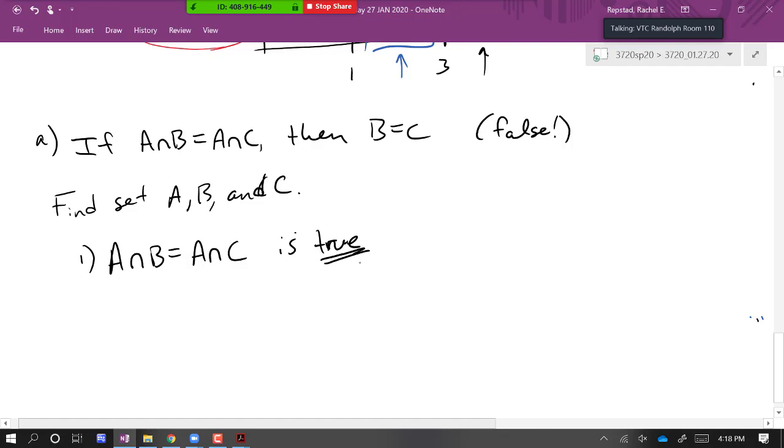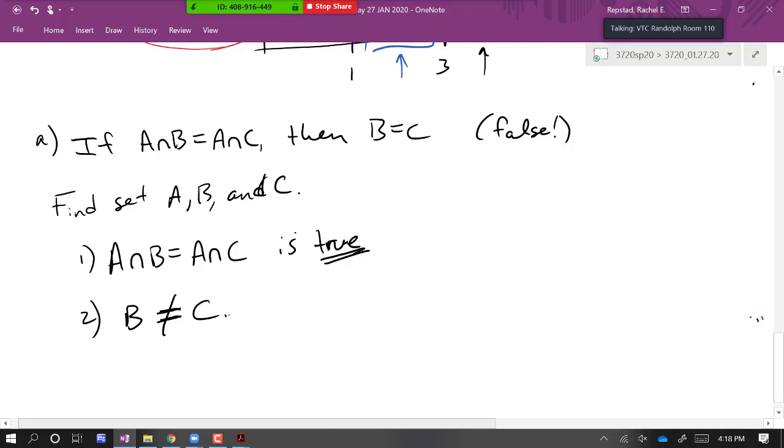And the way you find an example where an if-then is false is where the if part of the statement is true, but the then part of the statement is false. If the if-then were true, then it would be impossible to find an if part that were true and the then part false. So you want to find 3 sets where A intersect B is in fact equal to A intersect C, but B is not equal to C.